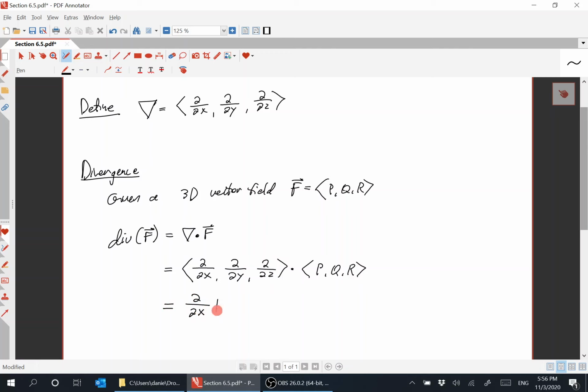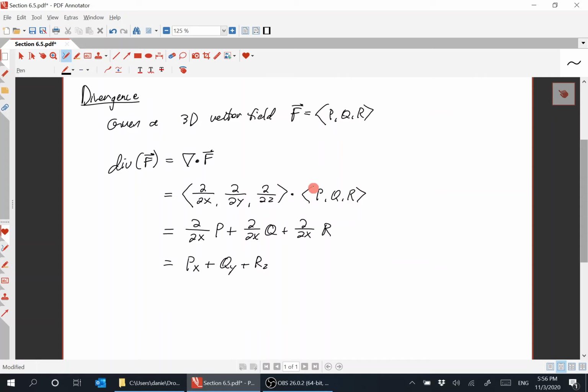Partial with respect to x of P, plus partial with respect to y of Q, plus partial with respect to z of R, which in the end is just Px plus Qy, the partial derivative of Q with respect to y, plus the partial derivative of R with respect to z.